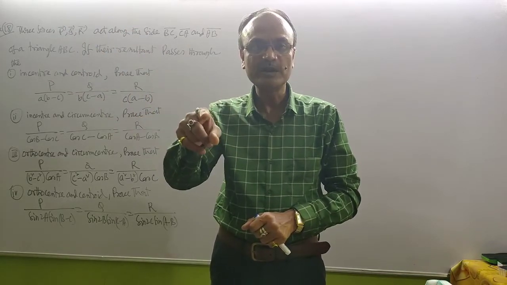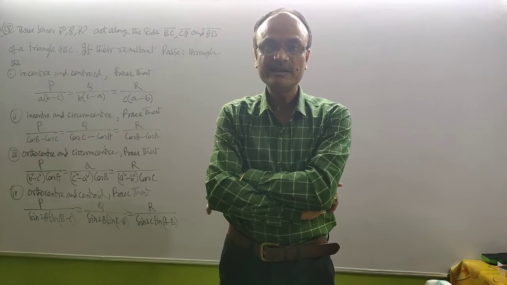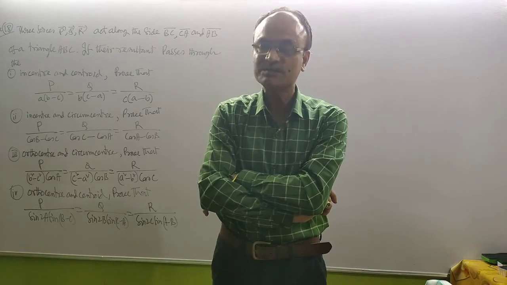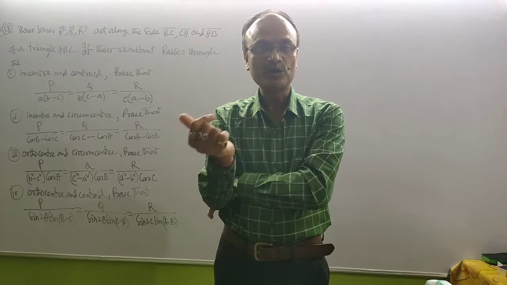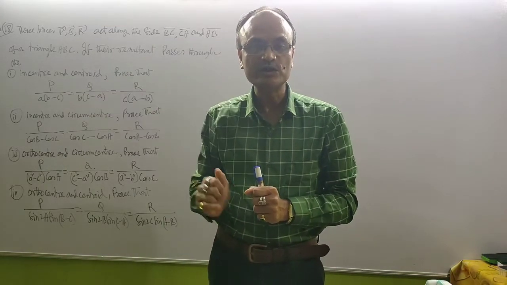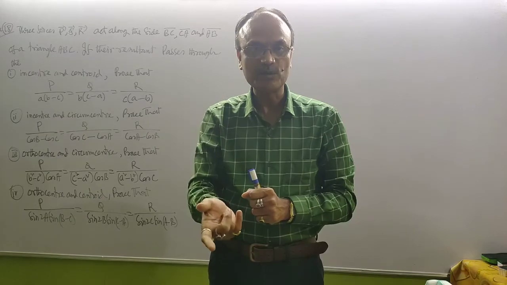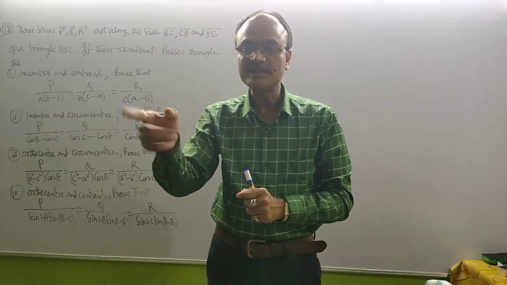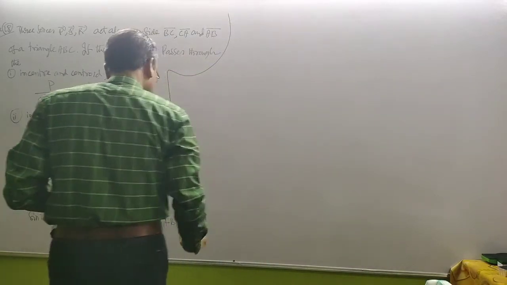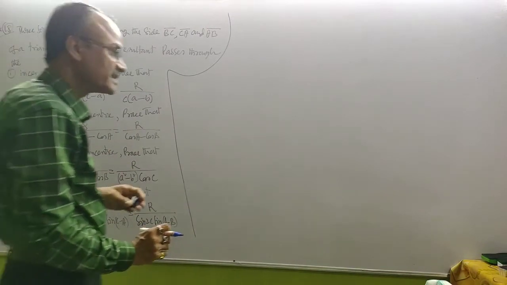Small a means BC, small b means CA and small c equal to AB, sides of the triangle ABC. Also, if the resultant passes through the circumcenter, then P cos A plus Q cos B plus R cos C equal to 0. And if the resultant passes through the orthocenter, then P sec A plus Q sec B plus R sec C equal to 0. Now, the resultant passes through the incenter.